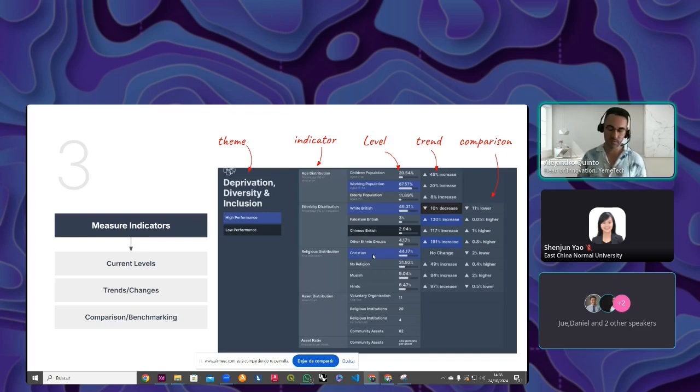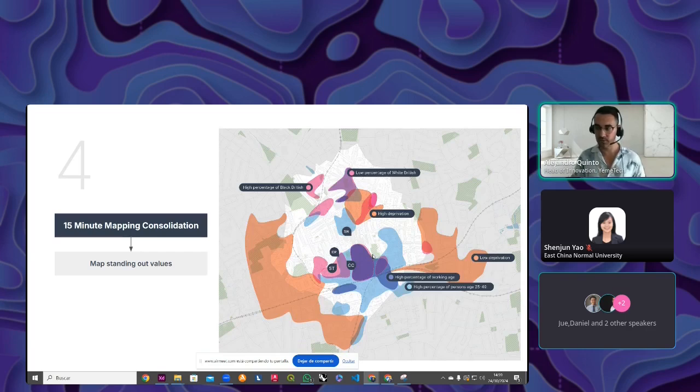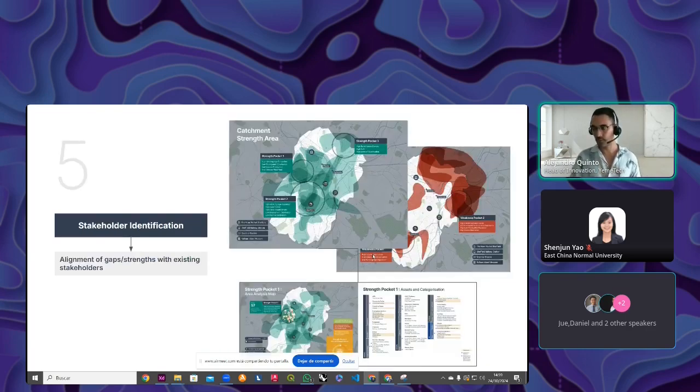We are looking, for example, at an elderly population. Is that becoming a trend, is it increasing, decreasing? What's the comparison with the district, or with the overall country average, etc.? And then we look at those standing-out values that we feel are relevant, aligned with those themes, and we present those either in a report format or through our dashboard, etc.